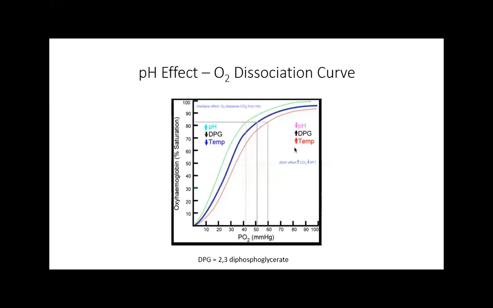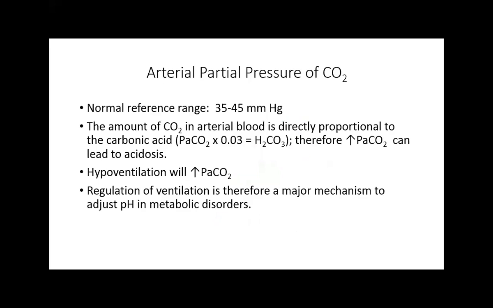So the ability of the tissues to extract oxygen is going to be pH dependent, and we'll see situations where one needs to supplement oxygen because of the metabolic condition, the shift in pH.